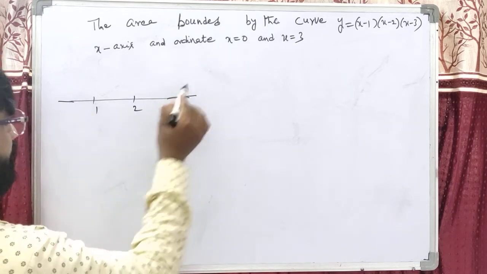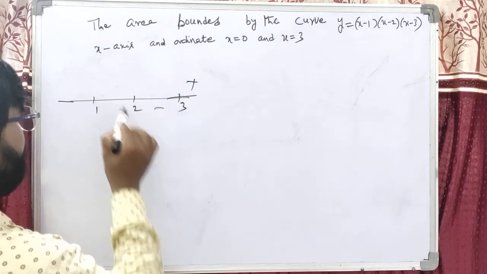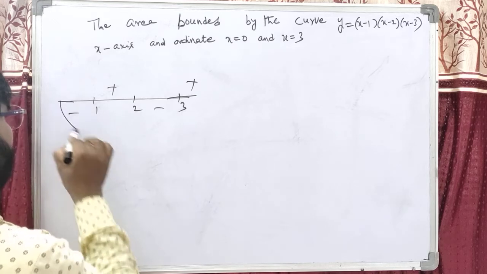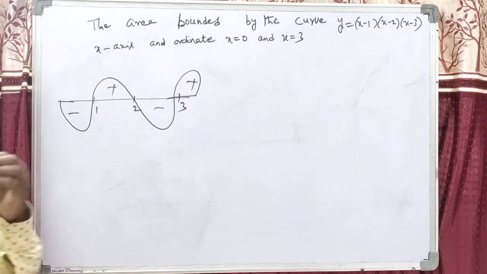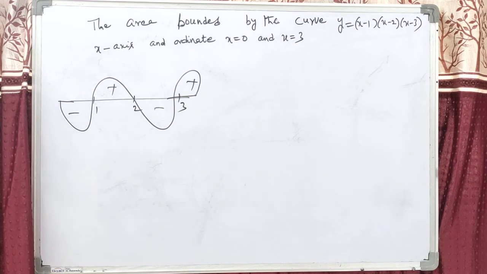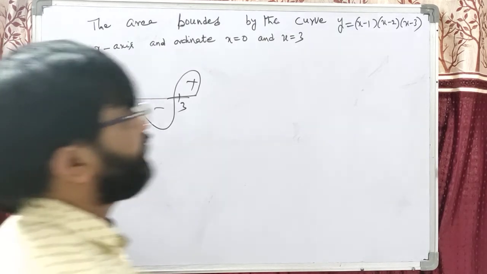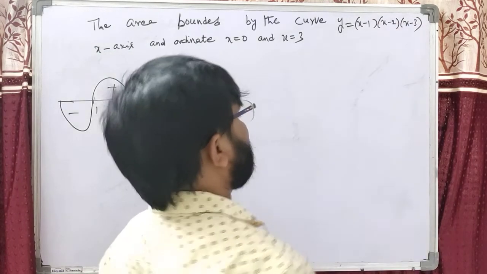First you can write plus, minus, plus, minus. We can observe between 1 to 2 is plus, 2 to 3 is minus, below 1 is also negative. Suppose we take 0, undoubtedly we get minus 6.